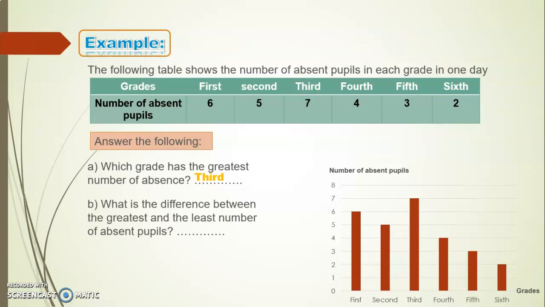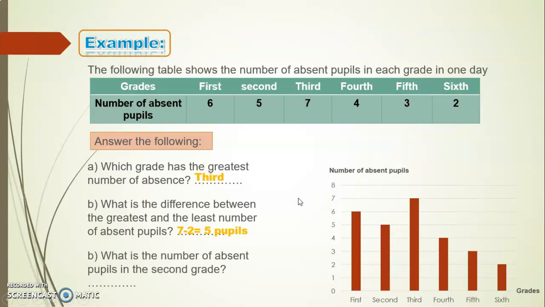What is the difference between the greatest and the least number? Here the greatest is 7 and the least, the shortest, the smallest bar is 2. So the difference between 7 and 2 is 5 pupils. And here in the table I have 7 is the greatest number and 2 is the least number.